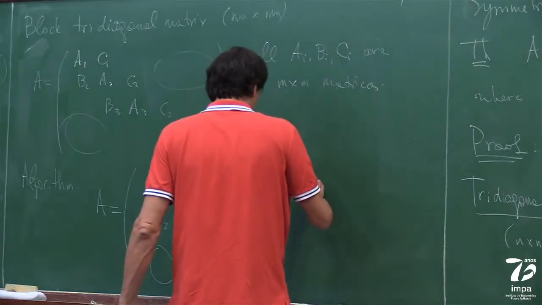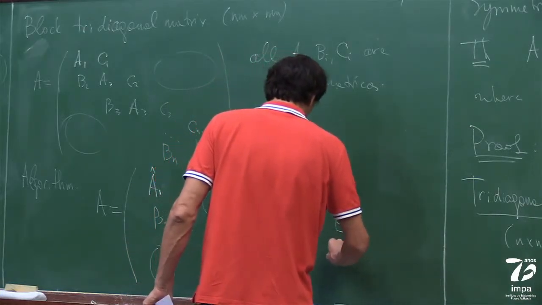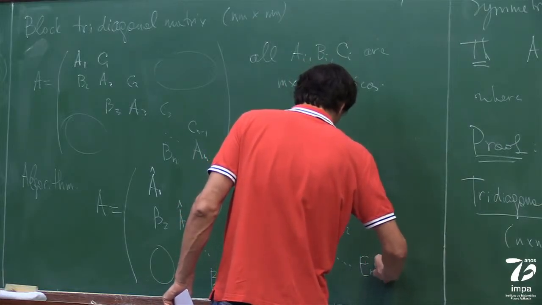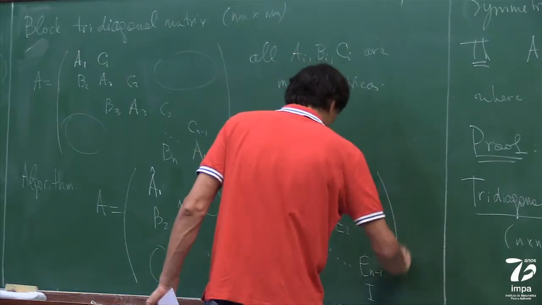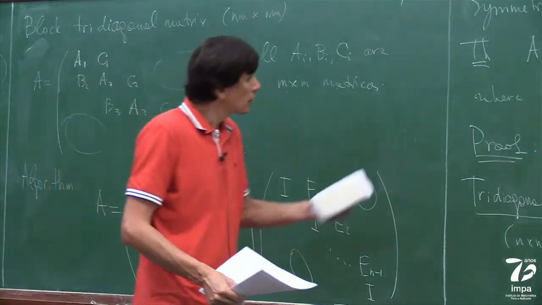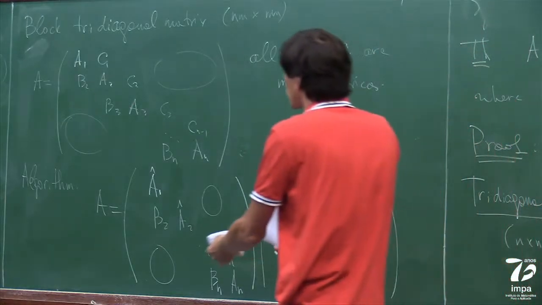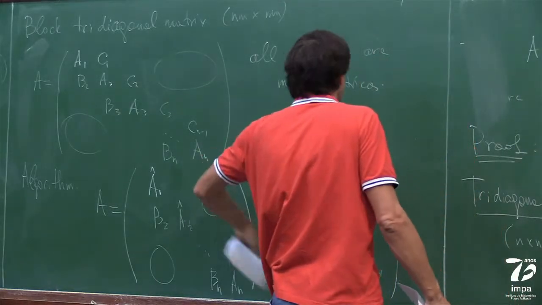Instead of gamma, we put E1. Until just the same as what we did here, you can just compute the product and compare it with the form of the matrix A, and then you find all components.